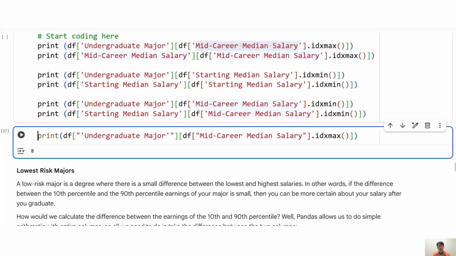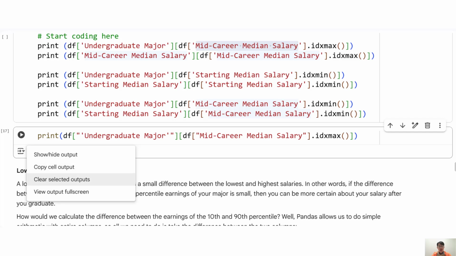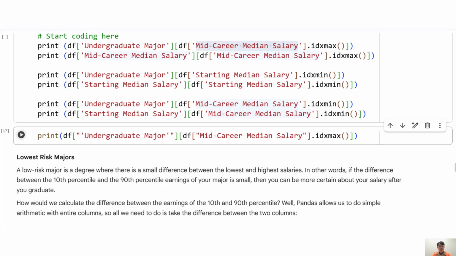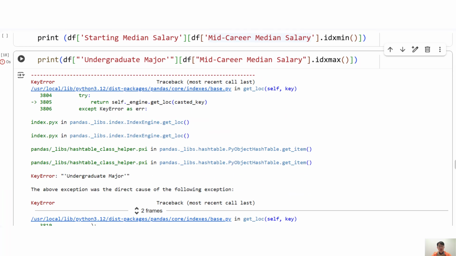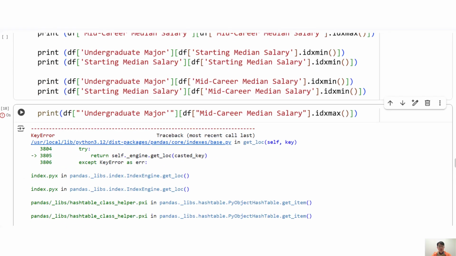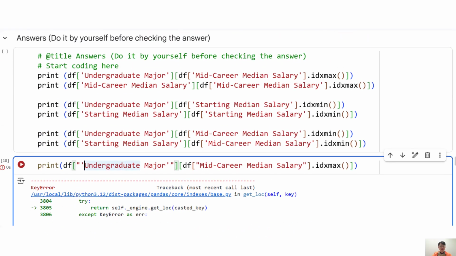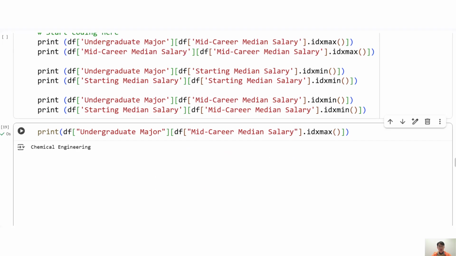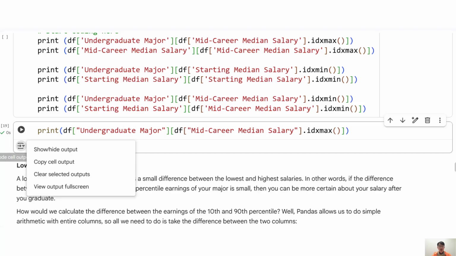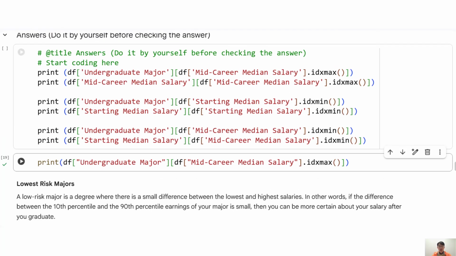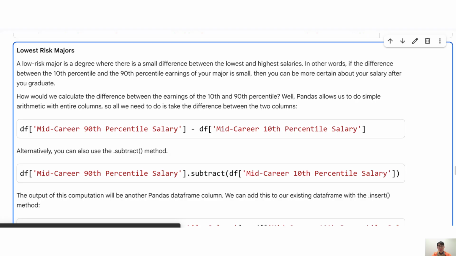I put 2 different lines of code and combine them into a single line of code. If I execute the code, okay, I think I have a typo. If I execute the code, you will see chemical engineering. So for mid-career median salary, the highest is in chemical engineering.